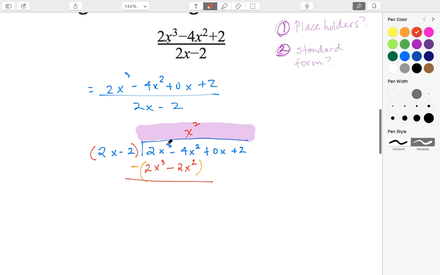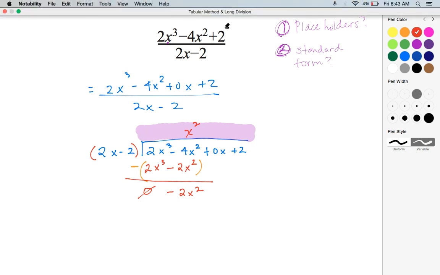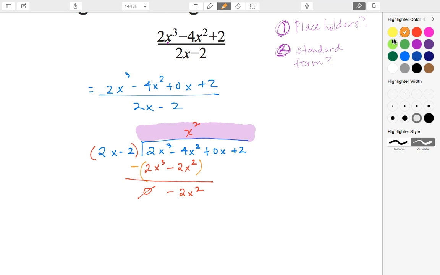as we are doing that. So we do 2x cubed minus 2x cubed, that's a 0. Negative 4x squared minus a negative 2x squared, that changes to a positive 2x squared. So we will get negative 2x squared as our answer. If you can't see that, what I'm really doing for long division is I'm looking at this term minus this term, right?